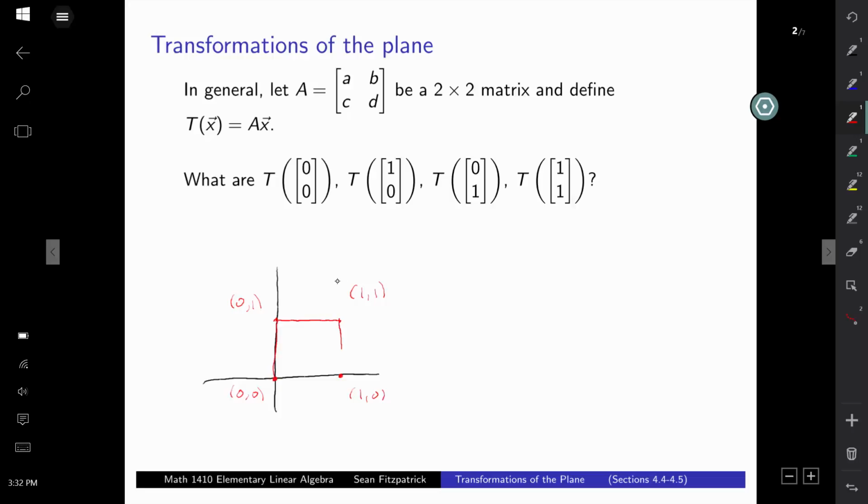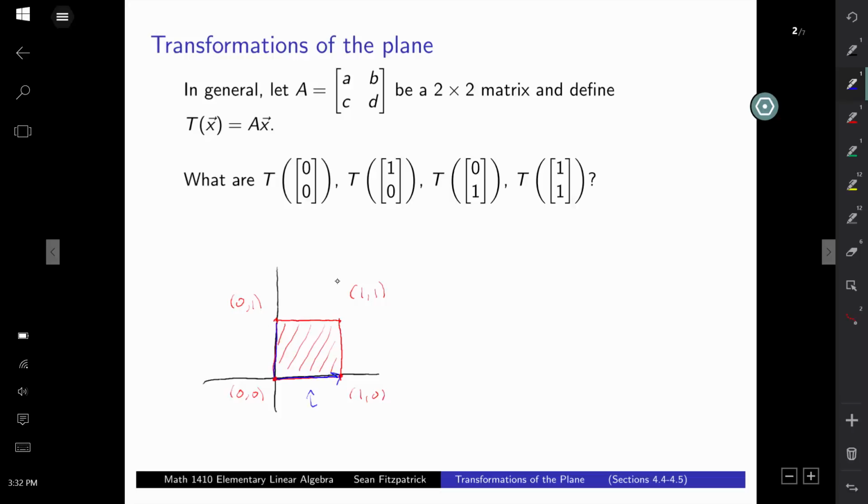If we want to understand a matrix transformation visually, it's often useful to think about what happens to this little square in the plane. If we understand what happens to that square, we can understand a little better what happens to vectors generally, and we can get a nice visual picture.